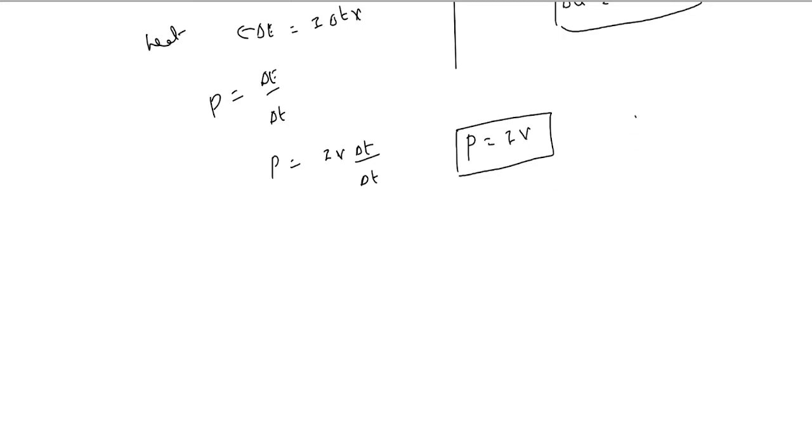If we write V is equal to I into R, then the power dissipated is I into V, which is I into I R. So power is equal to I square into R. Similarly, we can write it in terms of V and R also. So this is the power which is dissipated in the resistor.